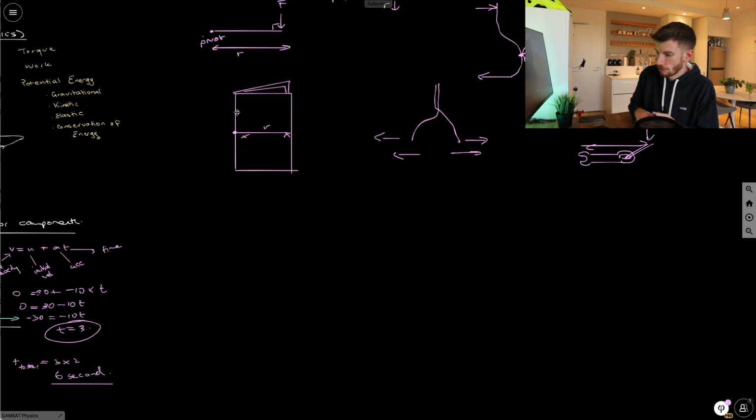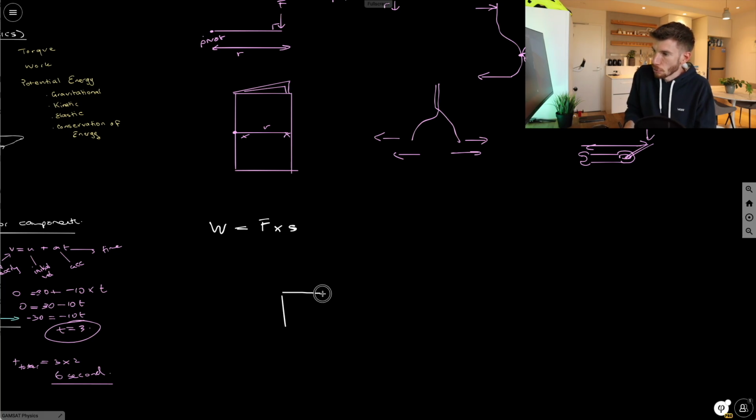And then work, very closely related to it. Work is just energy dissipated because of applying a force over some distance. So it really just relies on a formula: work equals force times displacement, force times S or force times X, whatever you want to think of it as.